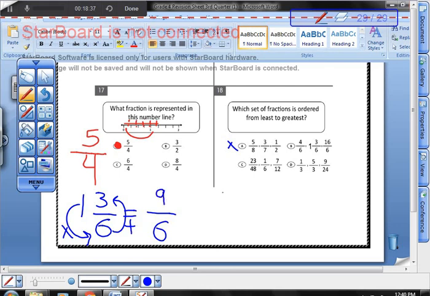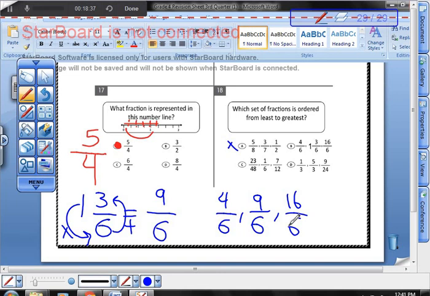So now I have 4 out of 6, 9 out of 6, 16 out of 6. Okay, which case? This one, grade 4. Same denominators, the easiest one.